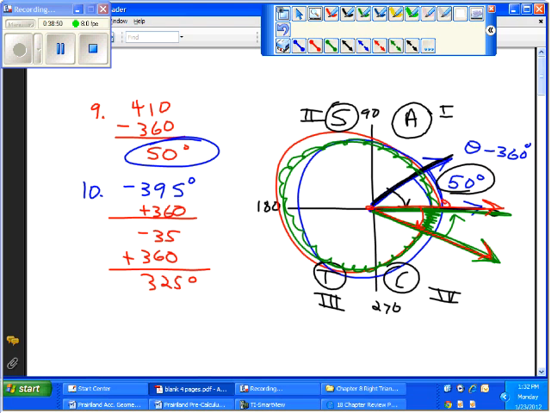If I go 325 degrees positive, I'm still going to end up right there. And so the reference angle, if I go all the way back around, is the positive version of that, which is 360 degrees minus that positive, which is back to 35 degrees.